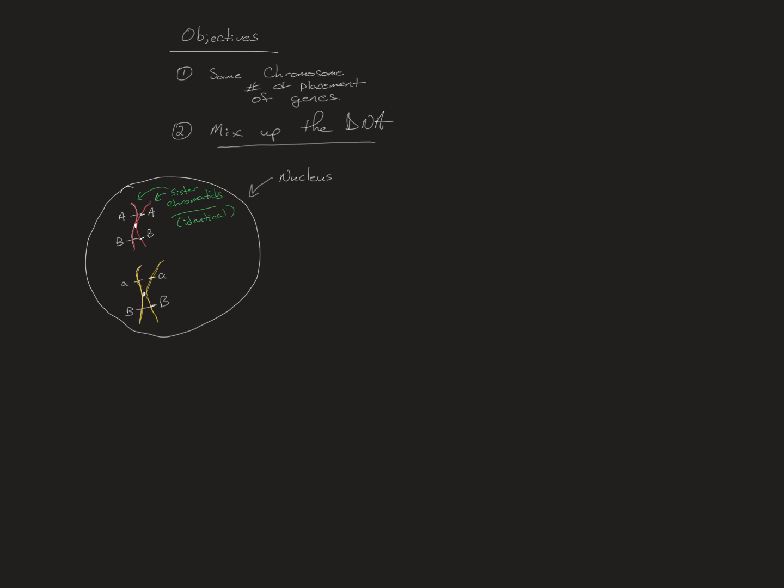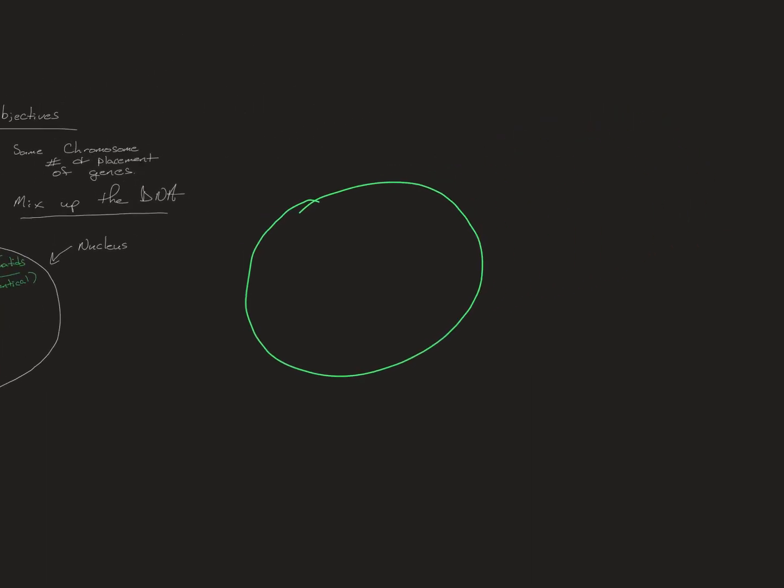Now, to get there, I'm going to zoom out again. I'm going to look at one cell. Here's a cell from a parent. To be clear, we call these gametes.